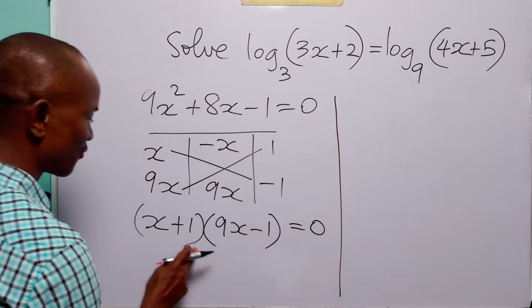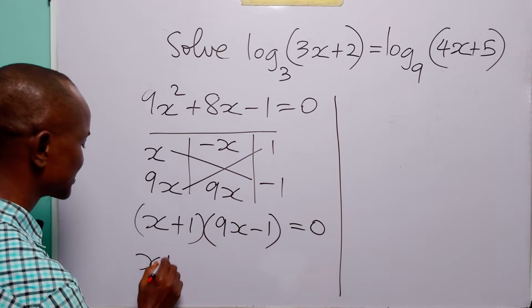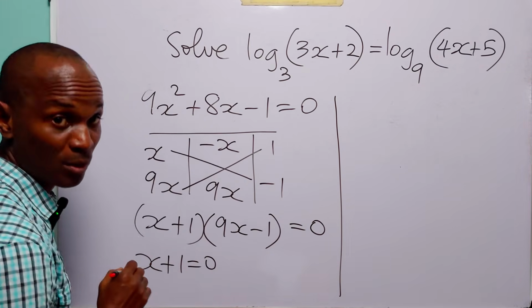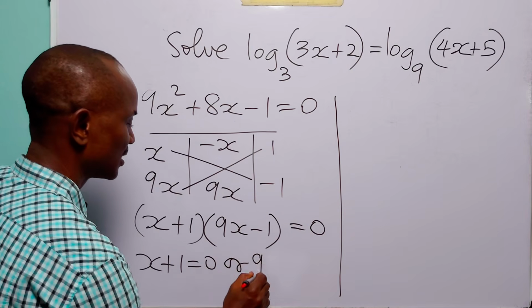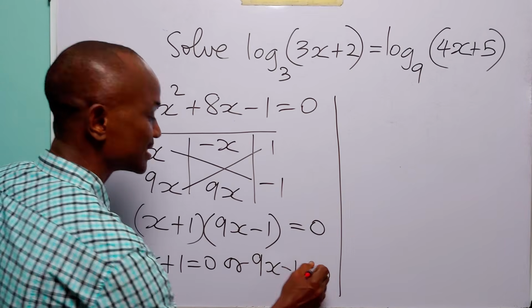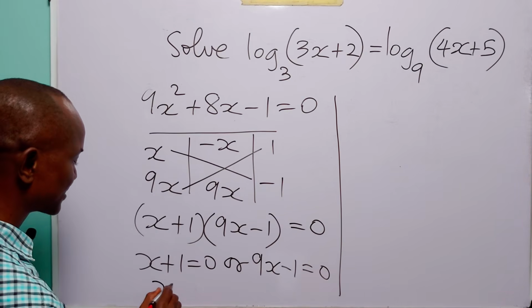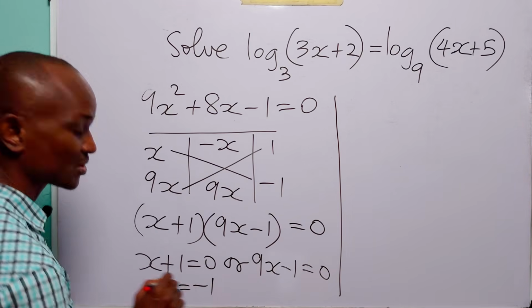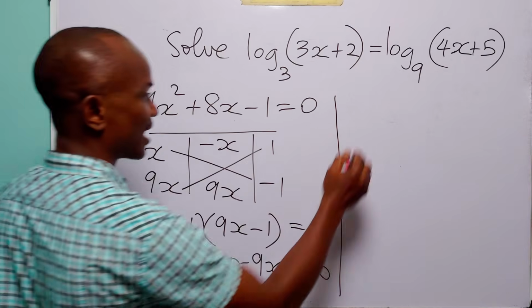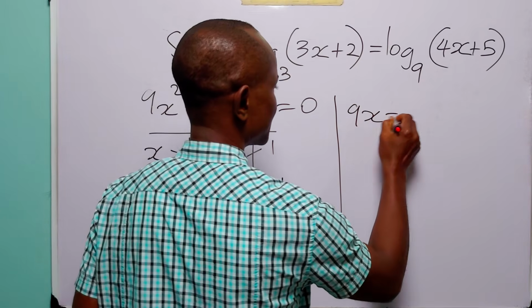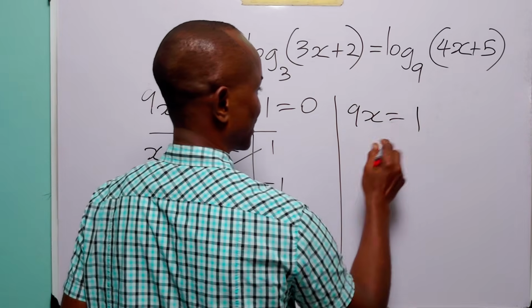And of course, from here we have that either x plus 1 is equal to 0 or 9x minus 1 is equal to 0. From here, we have that x is equal to minus 1. And from here, we have that 9x is equal to 1.